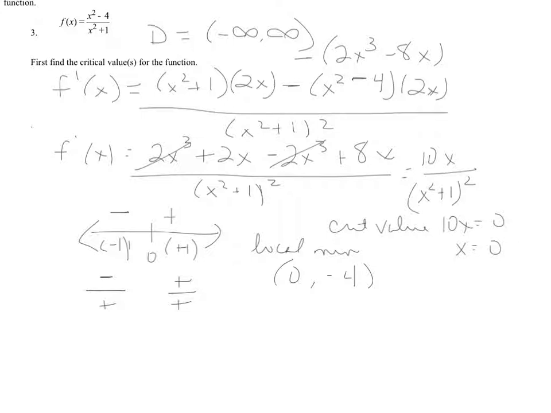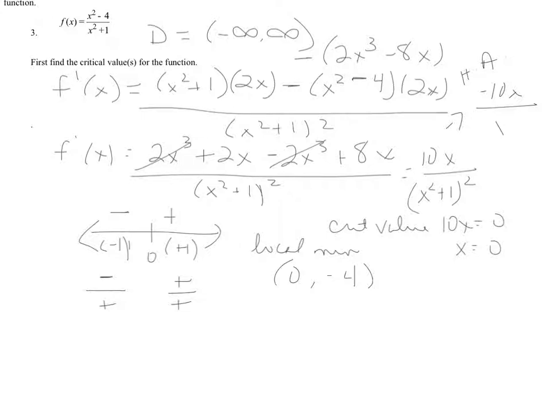The only time I know I don't have an absolute max or min is if one thing's going toward positive infinity and one thing's going toward negative infinity. Okay? What do you notice about this? If I expanded this denominator to see if I have a horizontal asymptote, I know I've got negative 10x on top over, if I took x squared plus 1 and I square it, x squared times x squared is what?